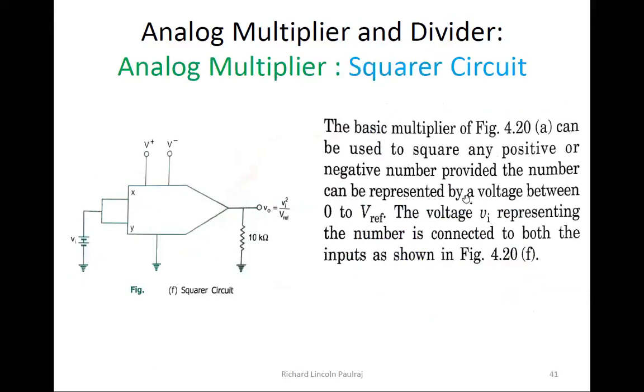The basic multiplier in the figure can be used to square any positive or negative number, provided the number can be represented by a voltage between 0 and Vref. Now, if it is not equal to V reference, or if it's greater than V reference, what happens, students?